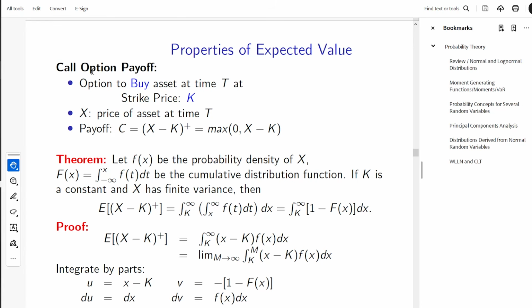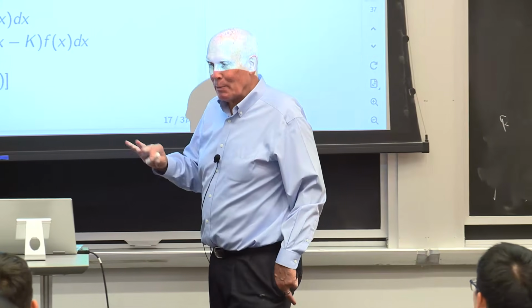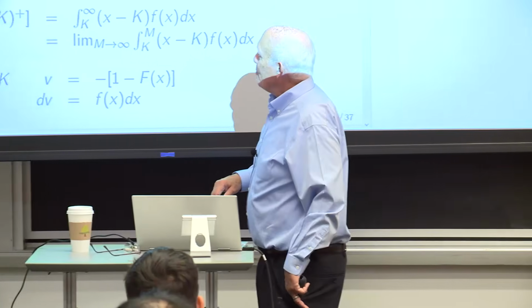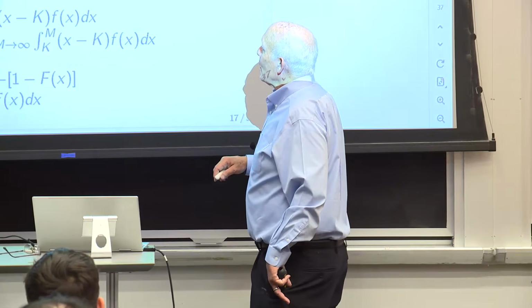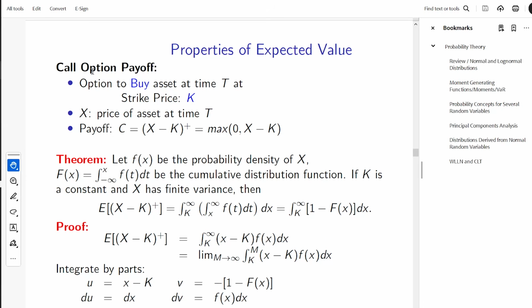So let's see, those of you who have some advanced probability coursework may notice that when you are looking at the expected value of a positive random variable, you can sometimes express that as an integral of the complementary probability of exceeding that value.